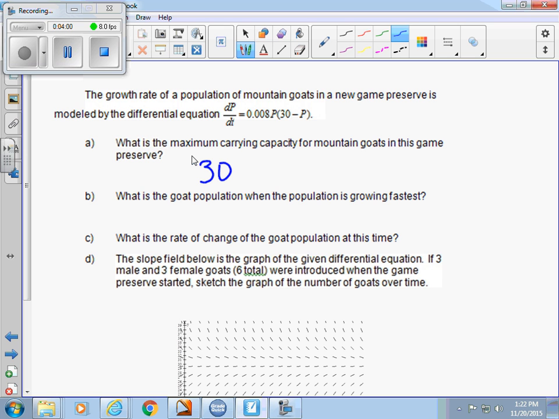And you could go ahead and see if you can answer what is the rate of change of the goat population at this point. The 0.008 is a constant. The P is the population of goats, and the 30 is what in science you probably heard is the carrying capacity, or the limiting factor on the growth.